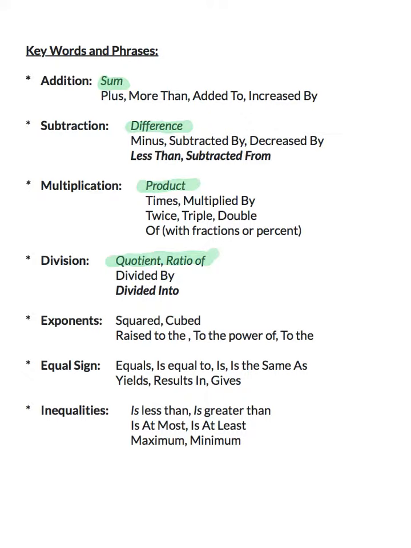For our inequalities, you can have is less than, is greater than, is at most, is at least, maximum, and minimum. Now, one thing to note, above we talked about less than being subtraction.